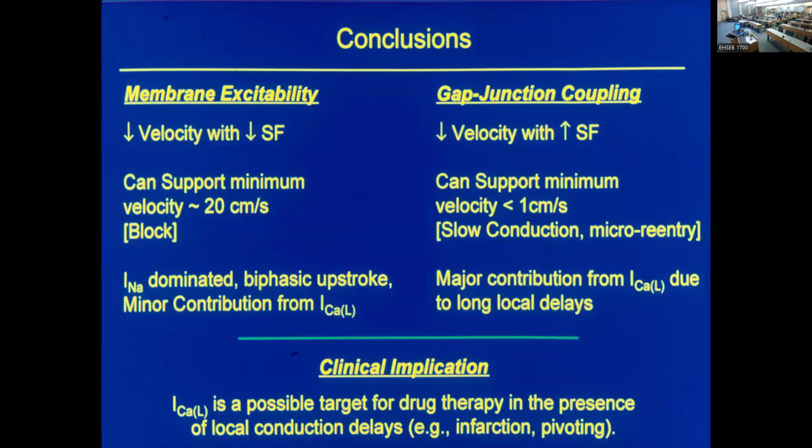So the clinical use is not as simple as the modeling suggests. So in other words, membrane excitability reduction is a prescription for conduction block. And gap junction reduction in coupling is a prescription for slow conduction.